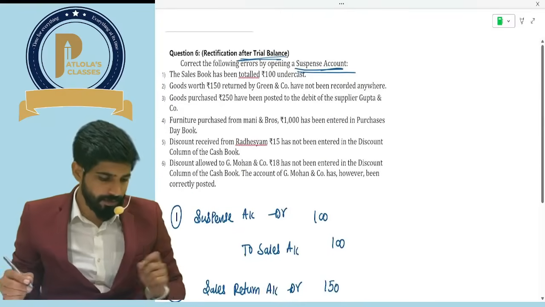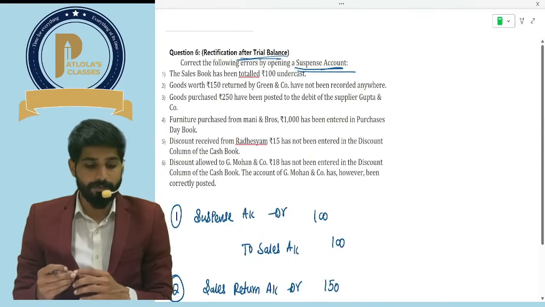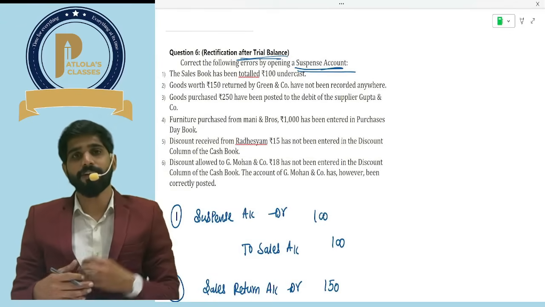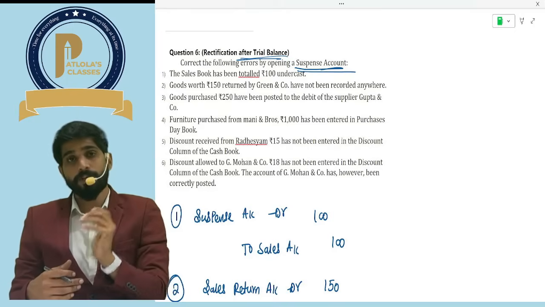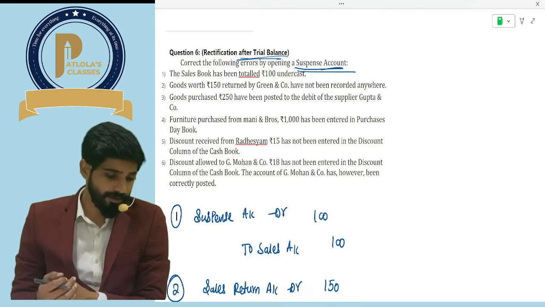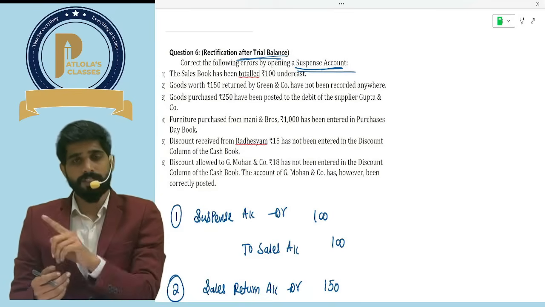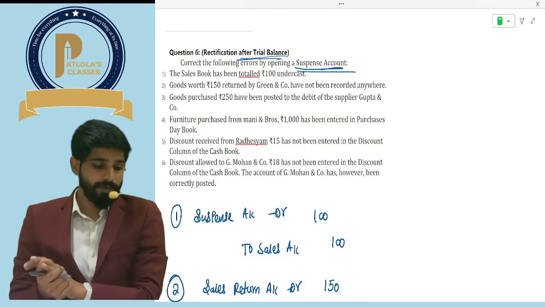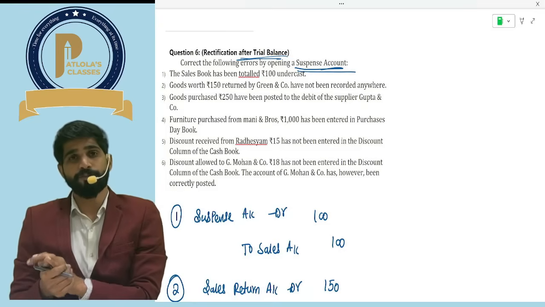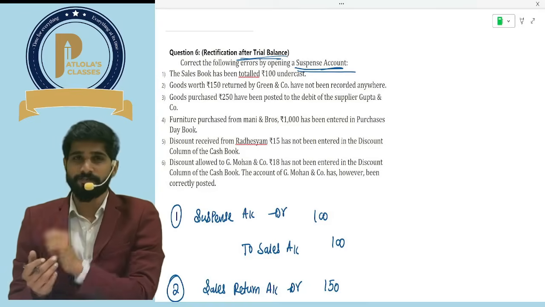Coming to the third mistake. Goods purchased 250 has been posted to the debit of supplier Gupta. Guys, whenever you purchase goods on credit, the entry will be purchases account debit to Gupta and Co. So that is, the trade payable account should be credited. But what they have done, they have debited Gupta and Co. So there are two mistakes. One is not crediting, another is debiting. Your trial balance will not tally on the credit side, not by 250 but by 500. So suspense account credit balance will be 500.